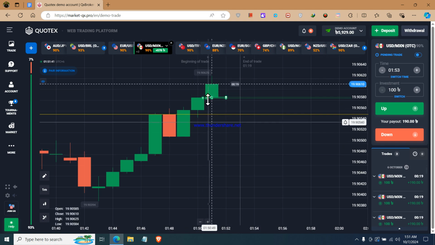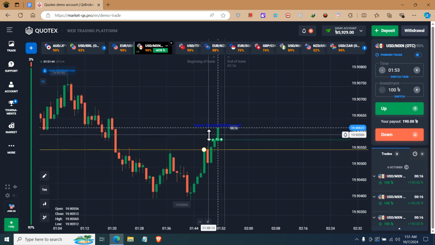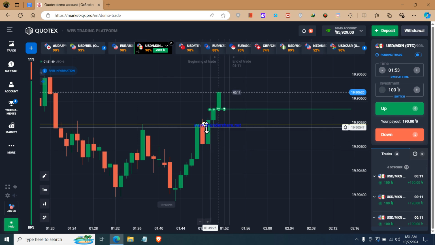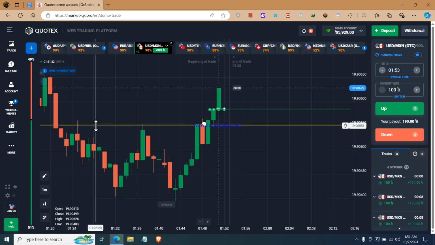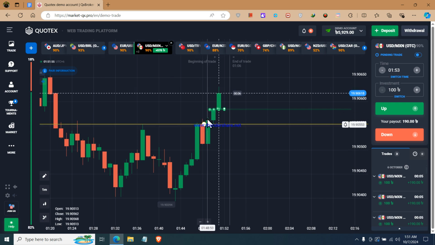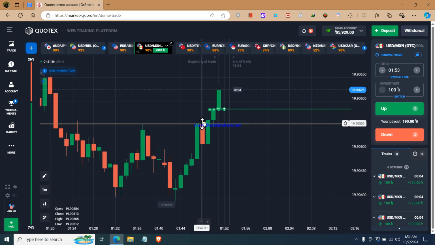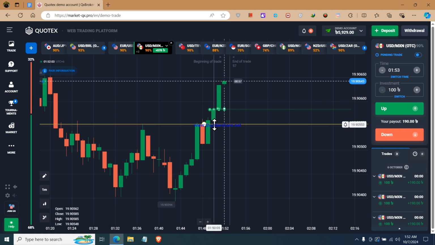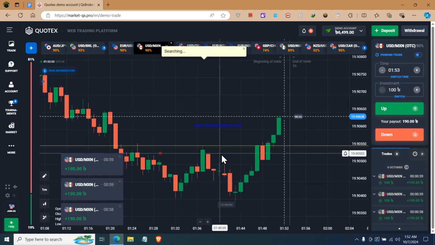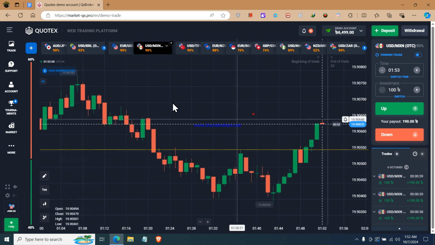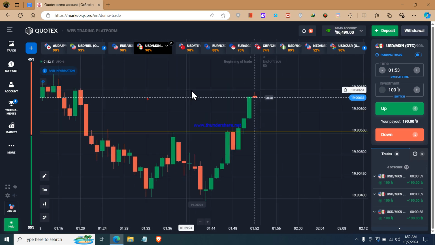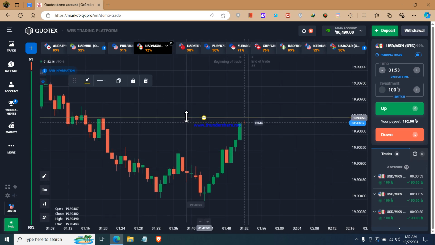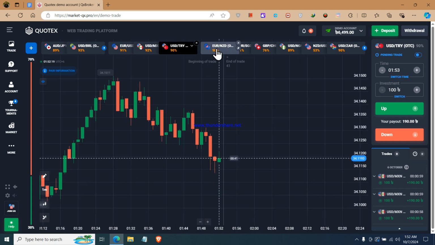I'm trading on this candle because of the rule. You can see this was a resistance, and then buyers broke this resistance, and then it became a support, right? So the next candle became a green candle. Again, my target isn't achieved yet, so I'm going to place another trade.